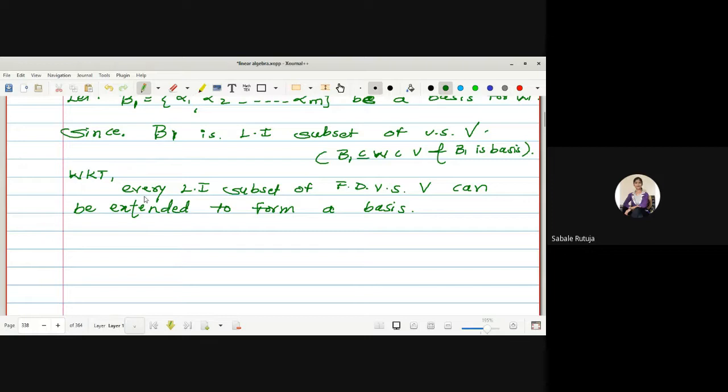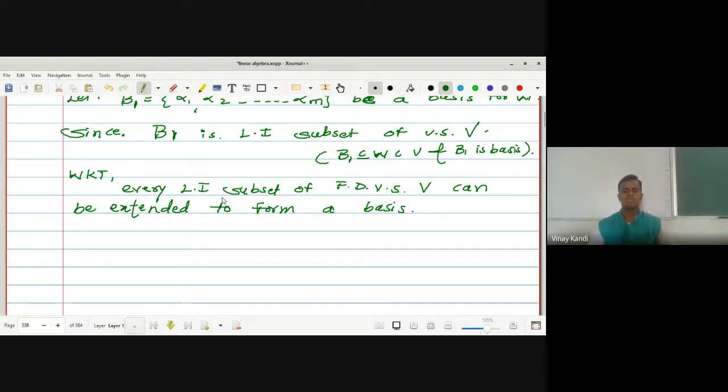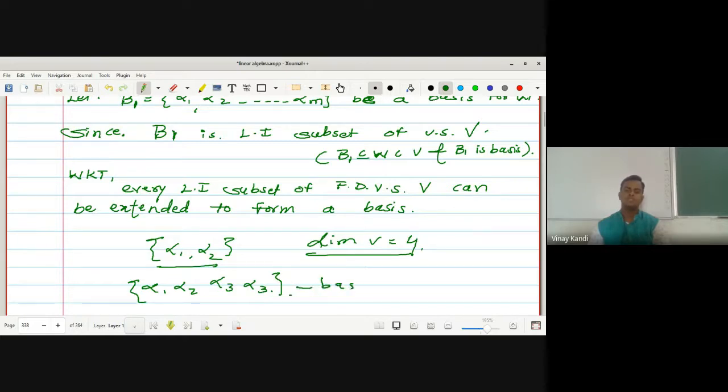No, sir. Every linearly independent subset we can extend to form a basis for V. For example, suppose alpha 1 and alpha 2 are linearly independent elements, and the dimension of V is 4. Then we can add alpha 3 and alpha 4 such that alpha 1, alpha 2, alpha 3, alpha 4 form a basis for V.